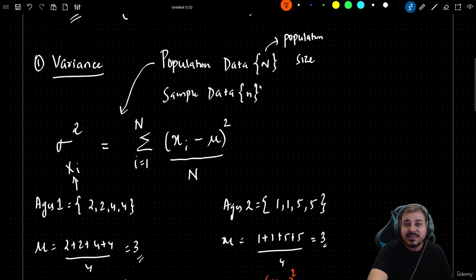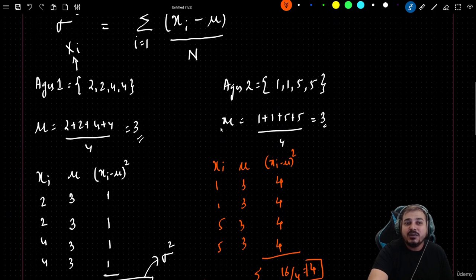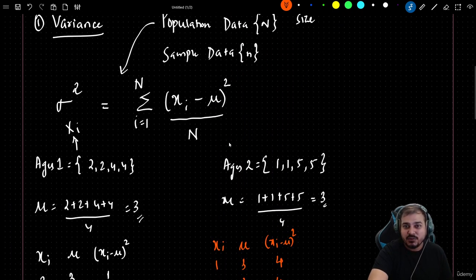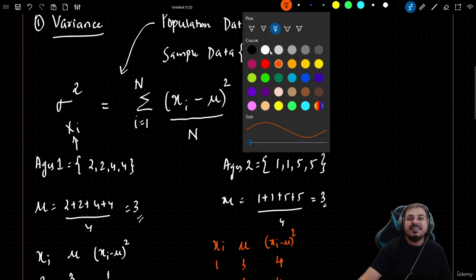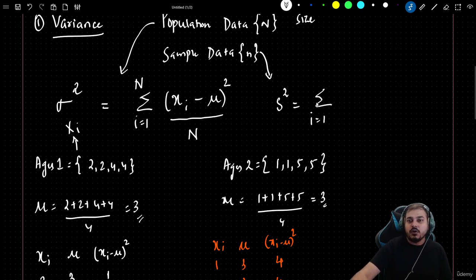Now here we have discussed with respect to population data. With respect to sample data, how this particular formula is going to change, that is what we are going to discuss. With respect to the sample data, the formula will change a little bit. The symbol that is used is S square. Here I am going to use summation of i equal to 1 to small n of x of i minus mu.